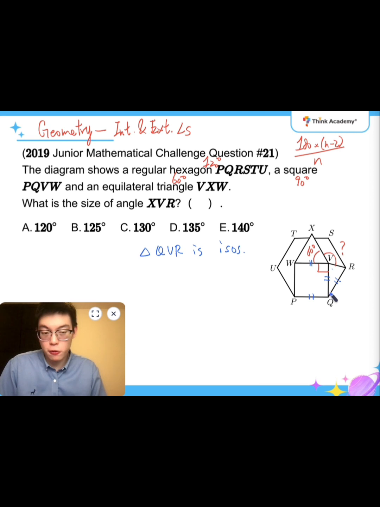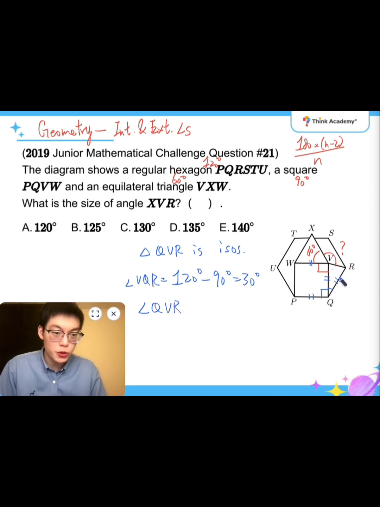And how do we find the top angle of QVR? The top angle VQR would be equal to an interior angle of a hexagon, take away the interior angle of the square. So that's 30 degrees. And as for the base angle QVR, we know that's equal to the other angle, right?